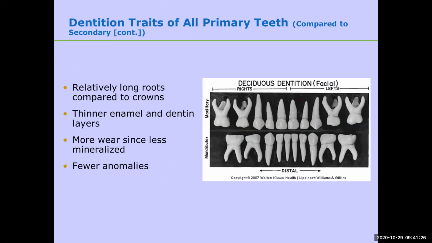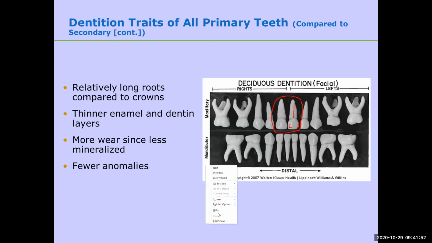Now, would you be able to tell that this is a deciduous central incisor or a permanent central incisor? You have a sharp angle, curve, but look at the root, the crown to root ratio.